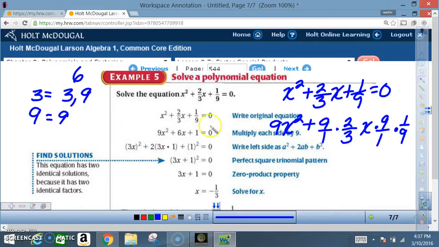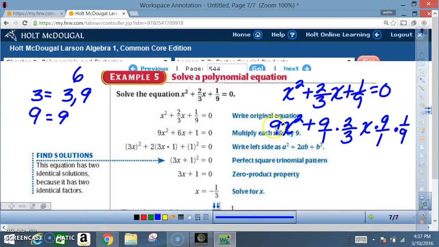So therefore, we multiply this entire equation, every part in it, by 9. So x squared gets multiplied by 9. 2/3 x gets multiplied by 9. I wrote it as 9 over 1, so it'll be easy for you to understand. And then 1 over 9 gets multiplied by 9.